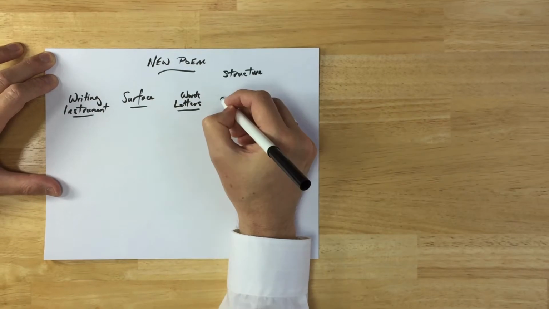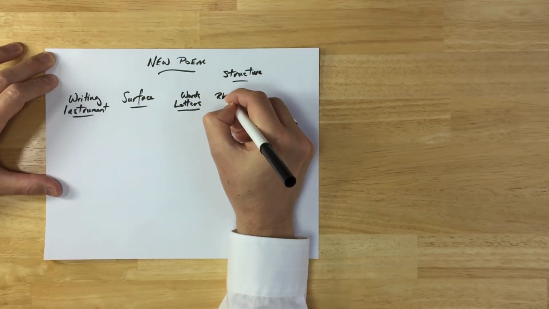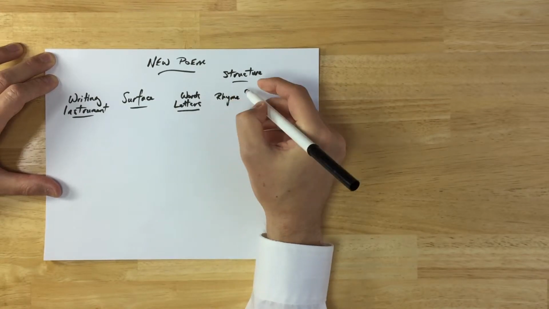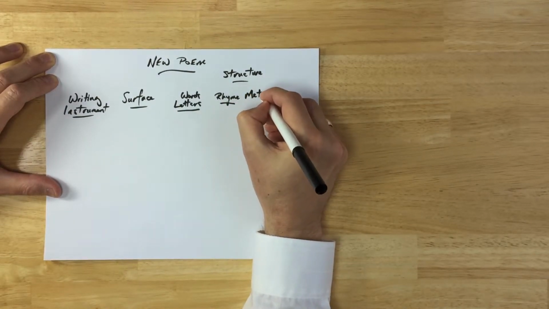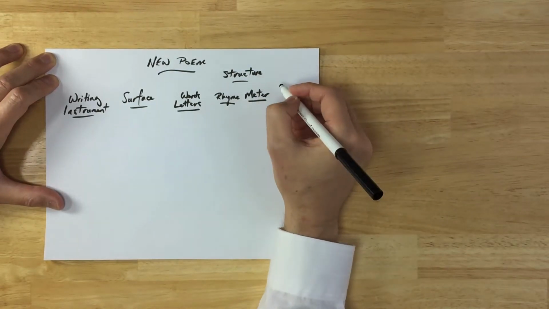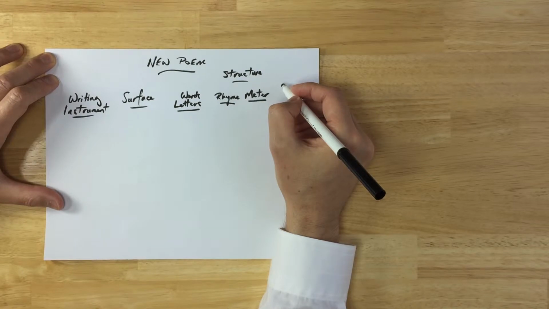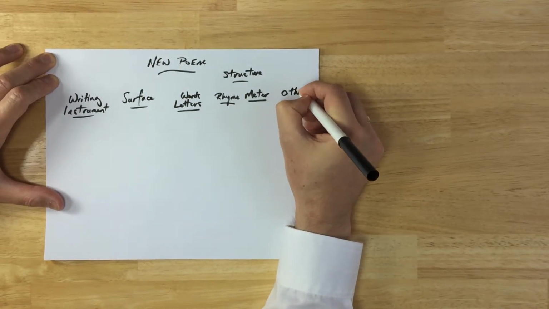Formal structure and free verse might start as their own categories as well, but could be combined with shared subheadings, such as rhyme and meter, that include all the elements of both formal and free verse that you want to include. In this way, only one category is necessary, and this is a form of chunking. Other categories can be split or combined as elements are added.